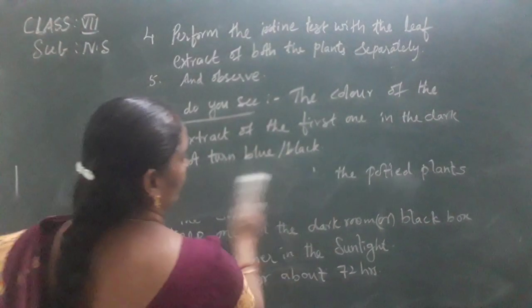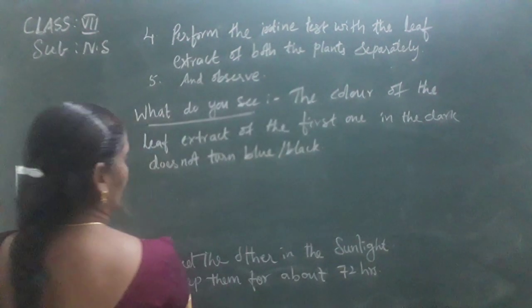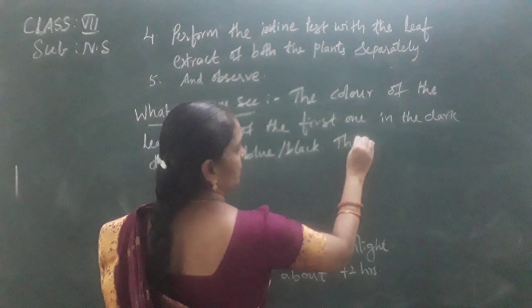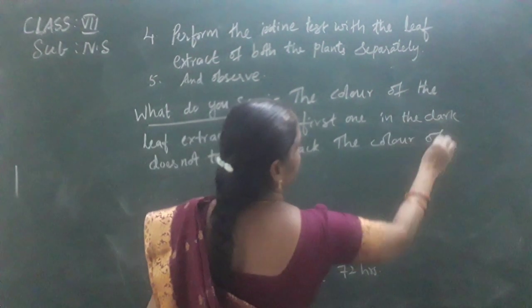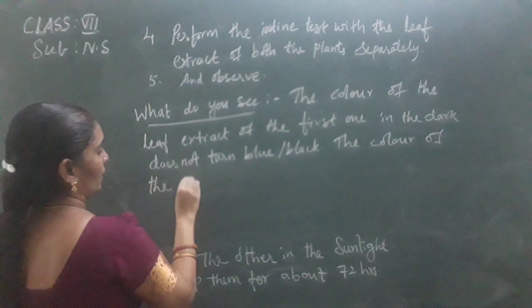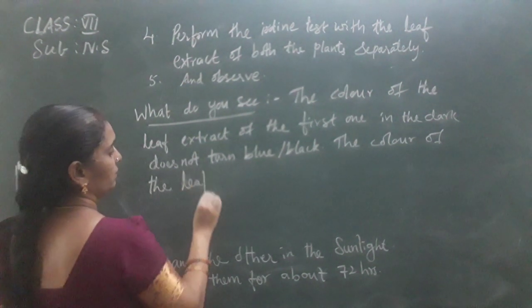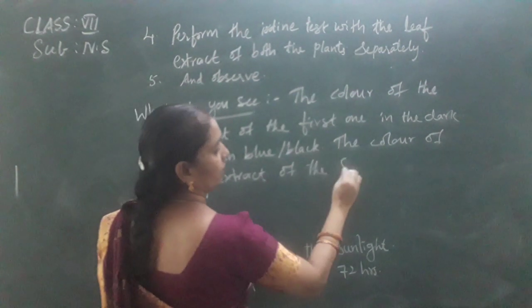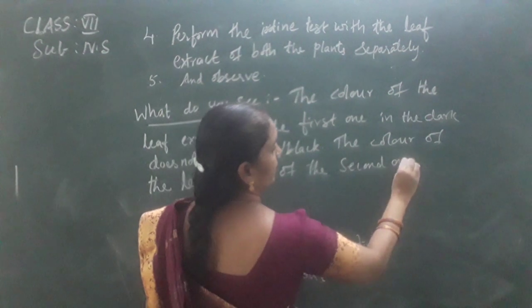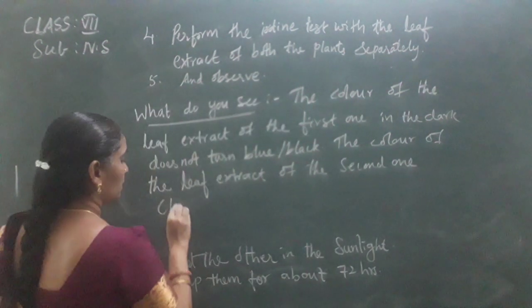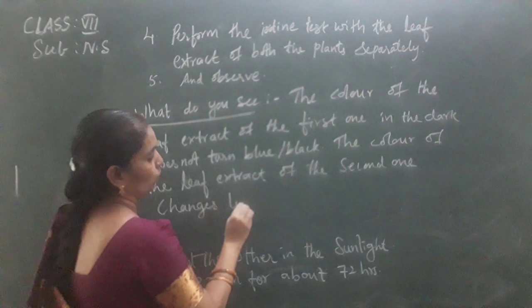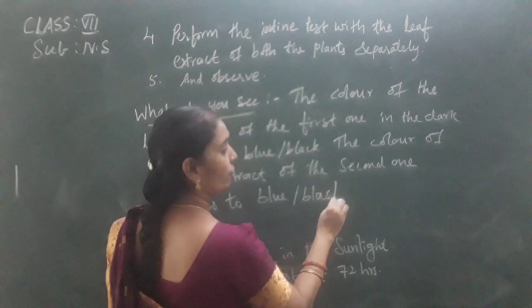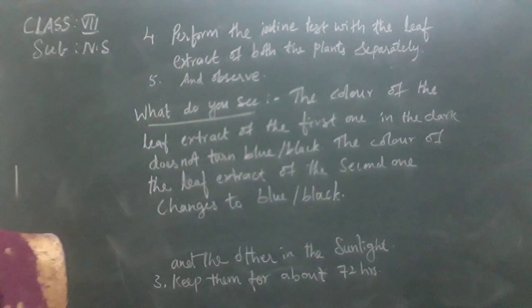But the color of the leaf extract of the second one changes to blue or black, which confirms the presence of starch, that is, preparation of food.